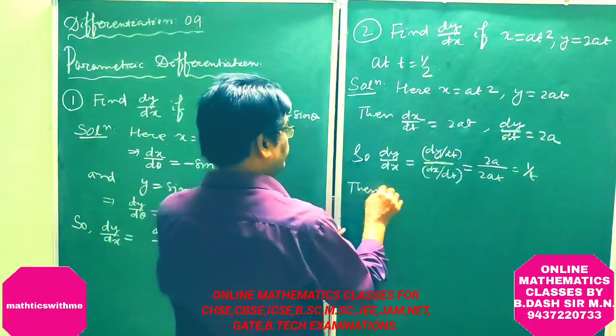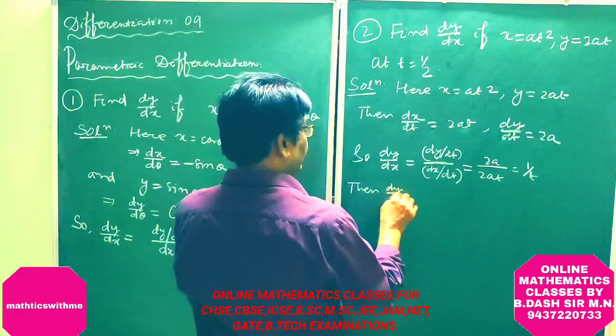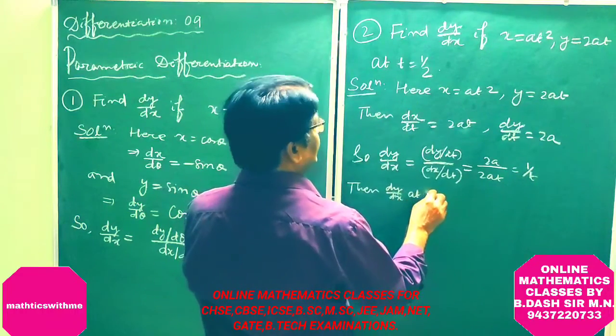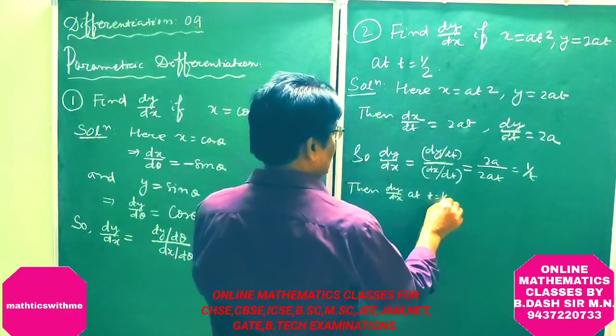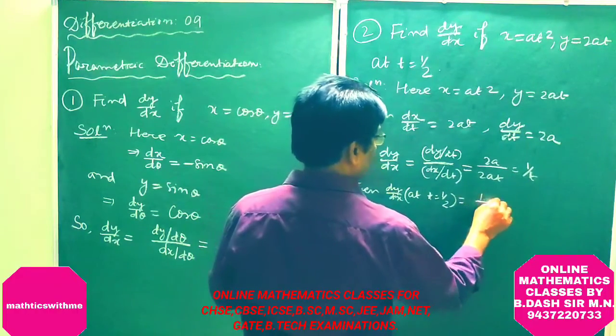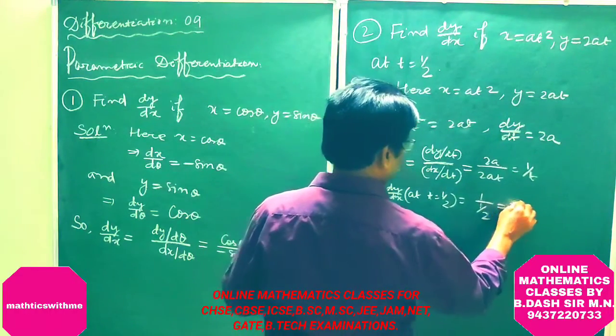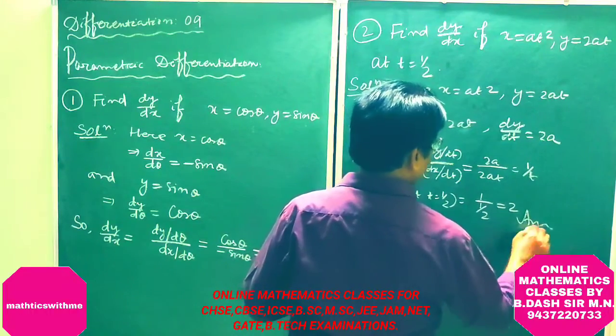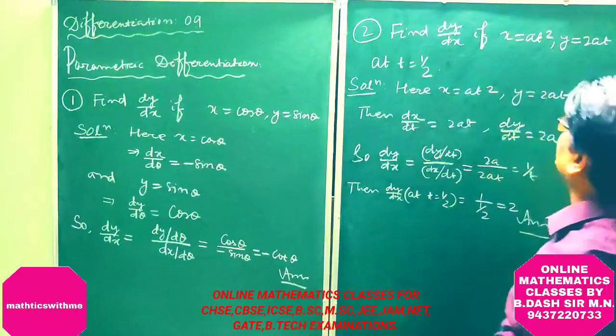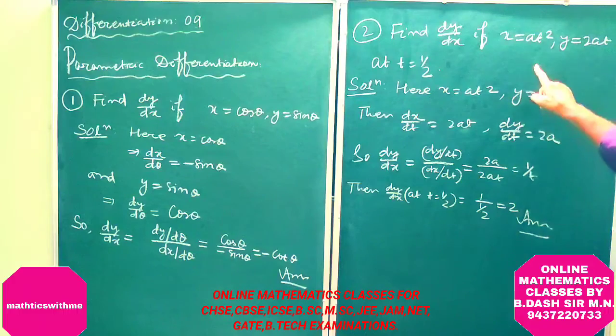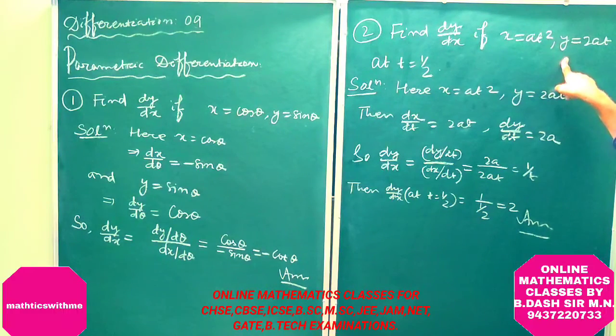Then dy by dx at t is equal to 1 by 2 is equal to 1 divided by 1 by 2, which is equal to 2. Answer. So here the question is: find dy by dx when x is equal to at square, y is equal to 2at, and t is equal to 1 by 2.